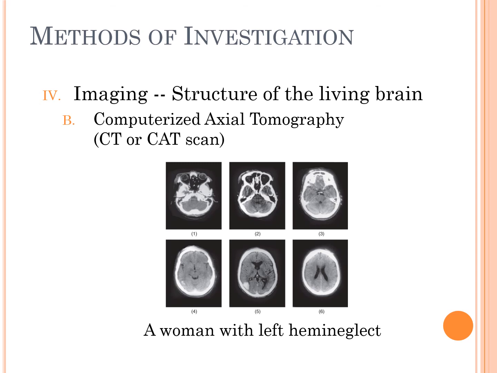And then we're moving up, so we see that little tiny white space, which is the damaged brain, and then we move up the next successive slice, and you can really see in number 5 that area that is damaged in the parietal lobes. And so the CAT scan gives us a pretty good idea of where there is brain damage, or where there's a tumor, and so forth, about brain structure.